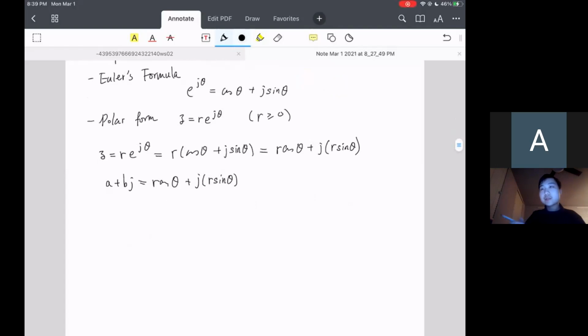So, since j is just a separate variable, we know that a is equal to r times cosine of theta and b is equal to r times sine of theta. Okay? We take the square of both sides and add them together to see that a squared plus b squared is equal to r squared, because cosine of theta squared plus sine of theta squared is equal to 1.